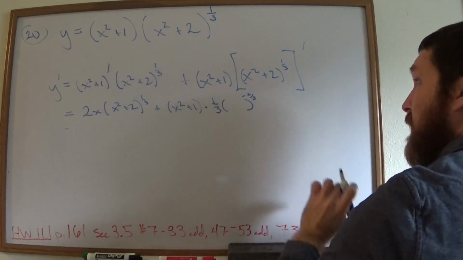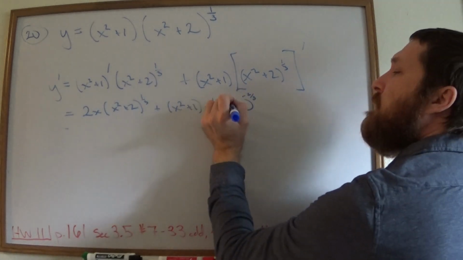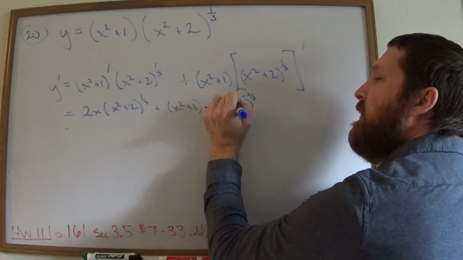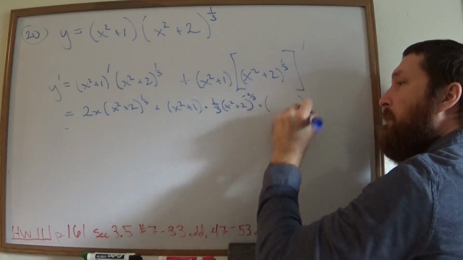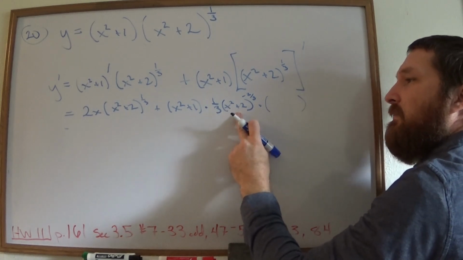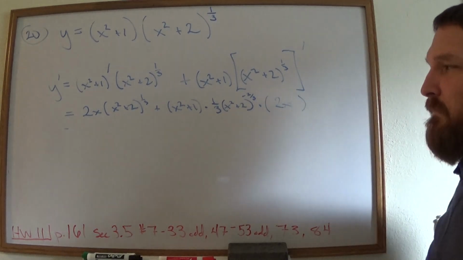Do you want to argue? You think it's not? Okay. Just make it true. X squared plus 2. Leave the inside stuff alone. Multiply that by the derivative of the inside stuff, which is 2x. Technically, we're done.